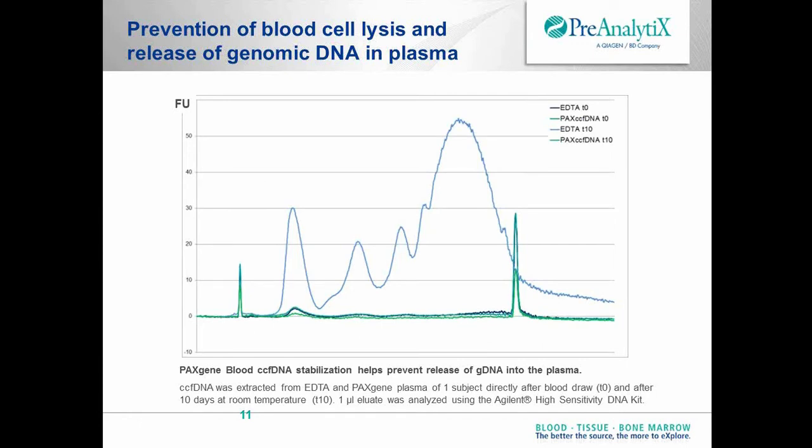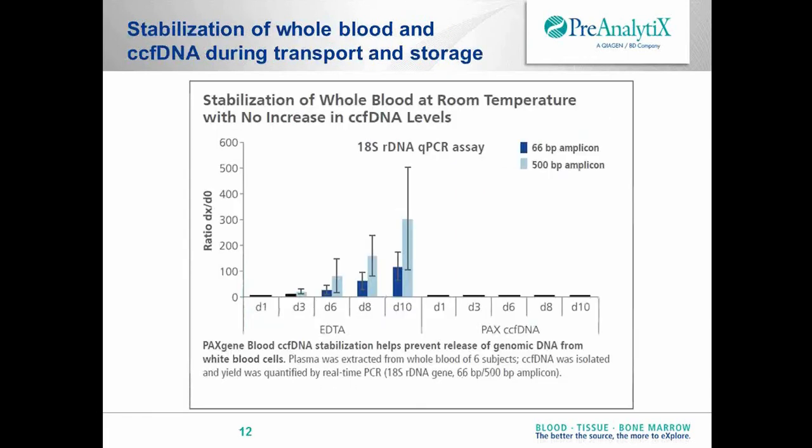And you can, of course, also look at the ccfDNA with PCR, for example, and this is shown in this slide here. So we have here a qPCR assay for the 18S rDNA, and we isolated the ccfDNA from plasma after different time points, shown on the x-axis here.